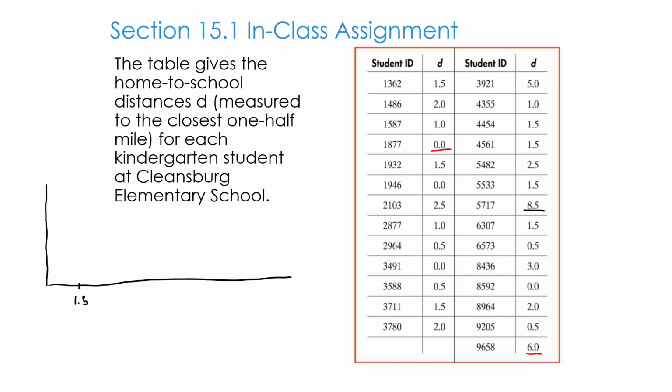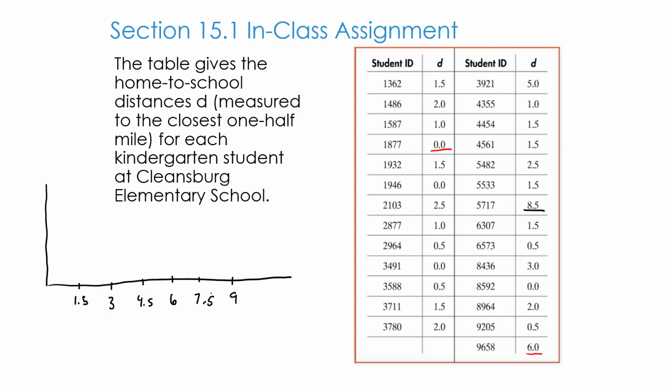And then from 1.5, we add 1.5, and then we'll go to 3, and we're going to include the 3 in the second bar. And then from 3, we'll go to 4.5, then 6, then 7.5, and then 9. Okay, so including the right endpoint, right?